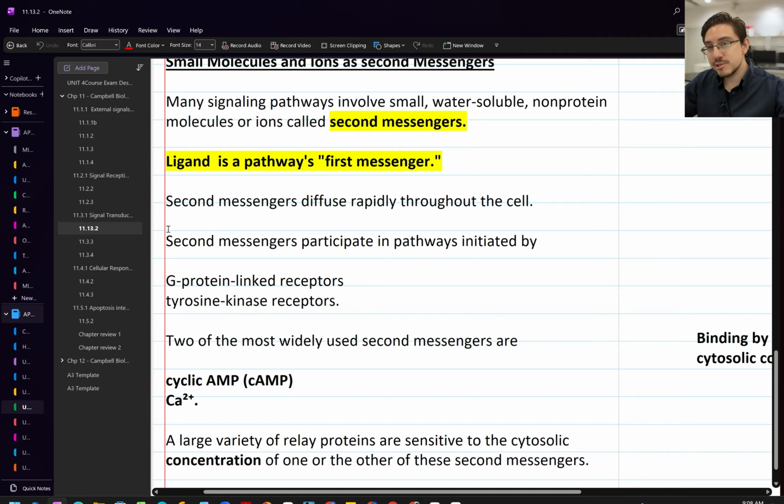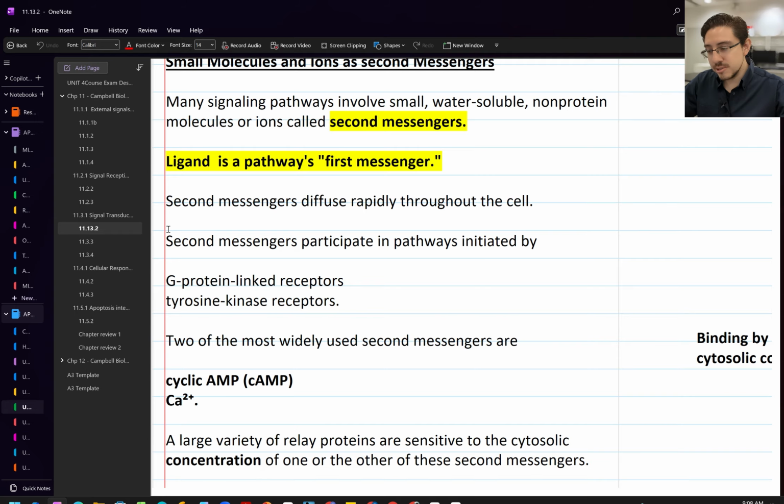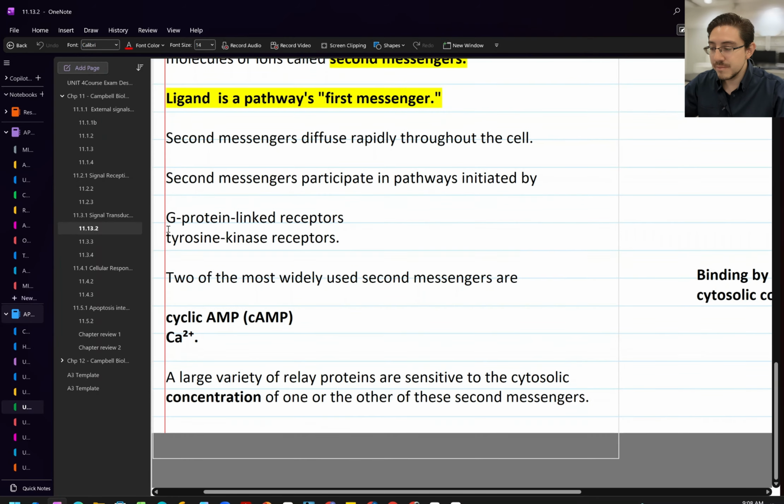In the signal transduction pathway, the first messenger is categorized as the ligand. A ligand is your first messenger that will elicit this signal transduction pathway. Second messengers are then diffused throughout the cell, and they will pass the message along.